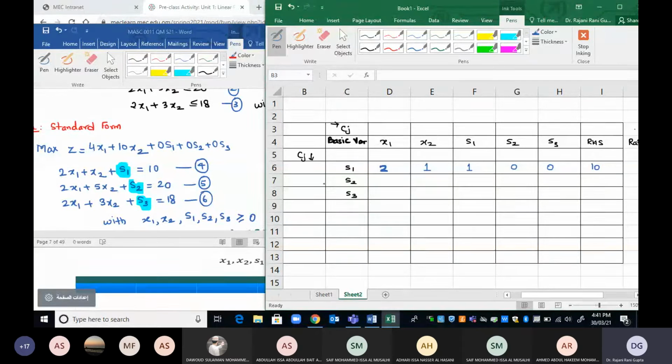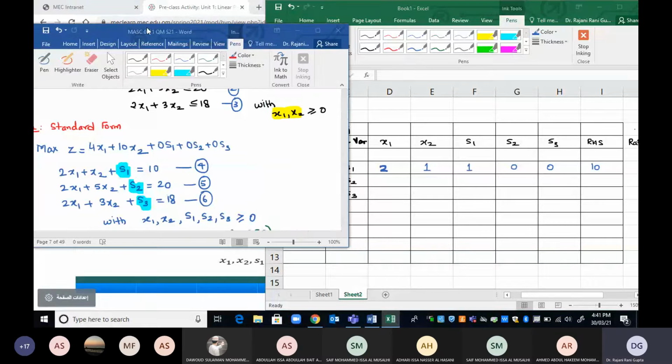Why take S1 as 1 and S2 as 0? Because in this equation we have only S1, in the equation number 4. We don't have S2 or S3. So if a term is not available, it means it appears with coefficient 0.